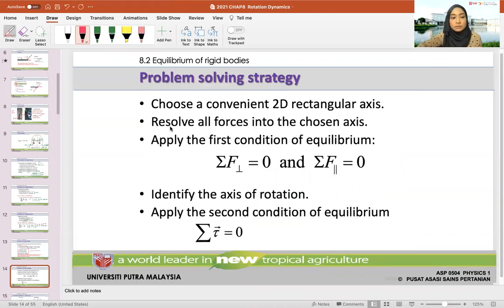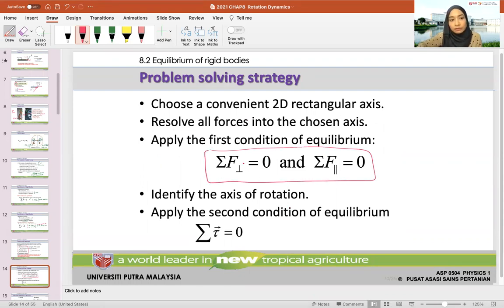Okay, so problem solving strategy: choose a convenient 2D rectangular axis, resolve all forces into the chosen axis. Can be X, can be Y. Now you're asking me, tapi kan ni rotational, kenapa ada X and Y? Nanti kita akan discover. Apply the first condition of equilibrium. Remember, this is for translational.